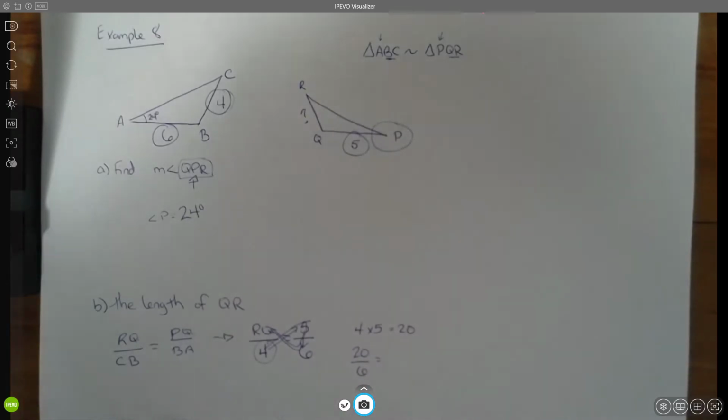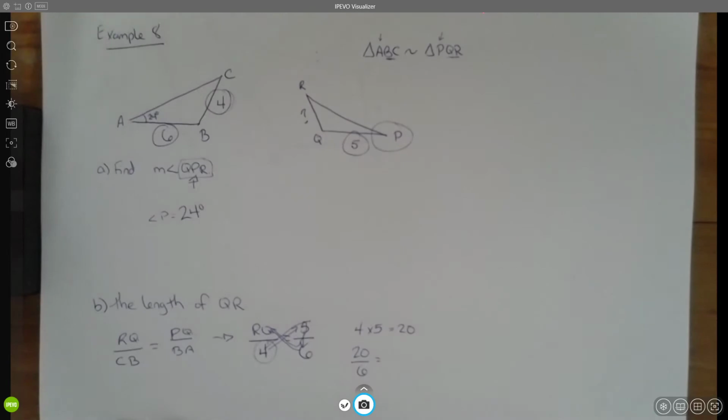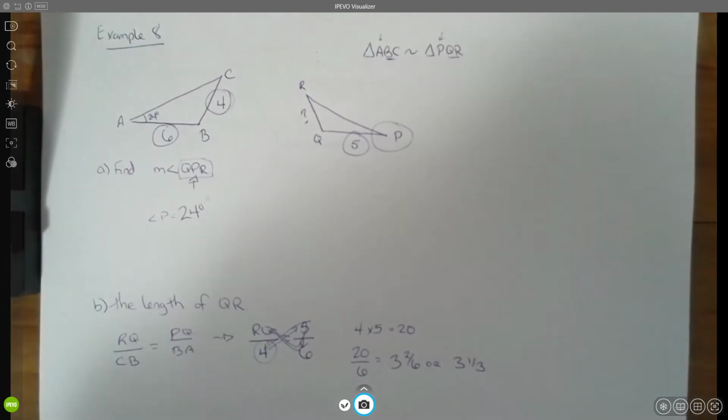And that's going to help us to solve for the rest of this particular question as we look to get an answer for what side length QR is going to be. And so in this example, that's going to give us an answer of 3 and 2 over 6, or 3 and 1/3, if I simplified that.